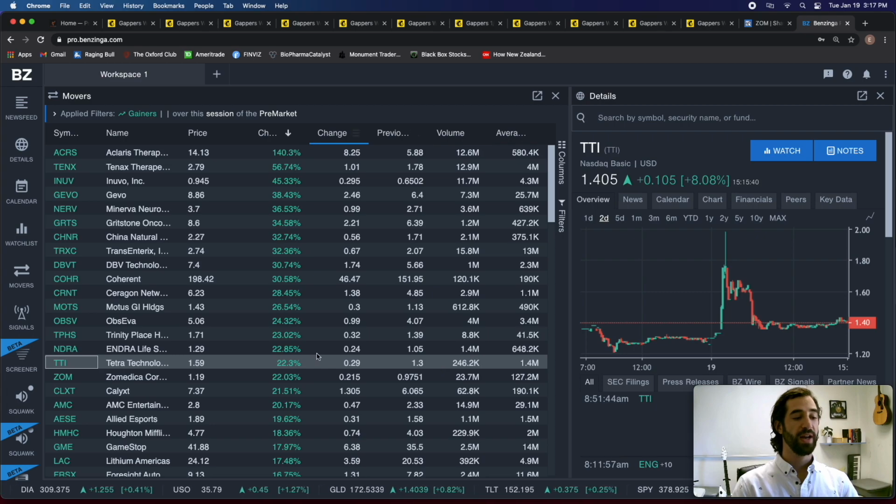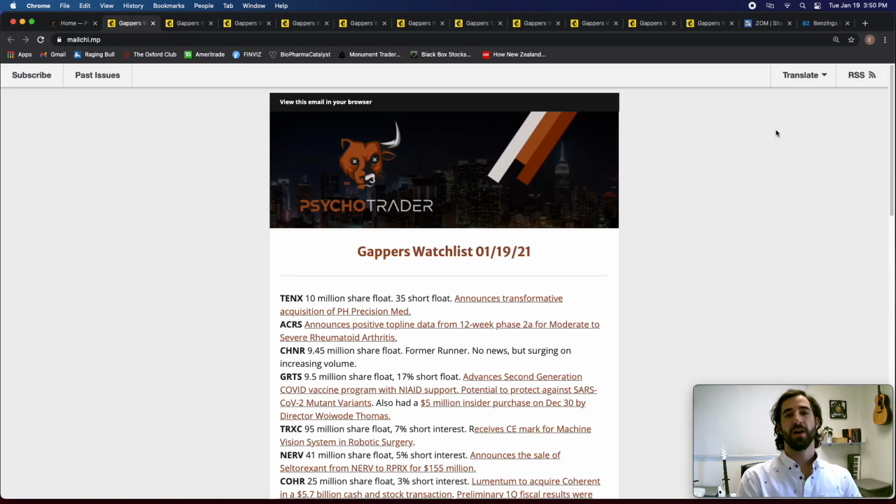So although it had a 22% gap, this is not something super notable just because the price is super cheap, the volume is not super high, and this is a relatively unknown stock, so we would not include it in our watch list. This is by no means saying that this is not a valid opportunity. It's just that for our intents and purposes, this is not something that we would want to look at because it's just too niche.